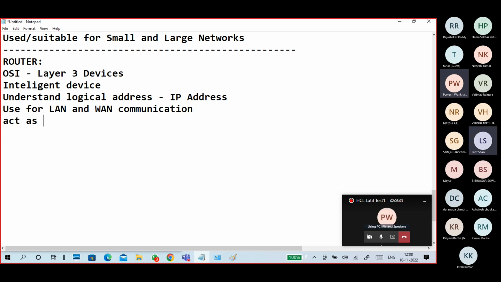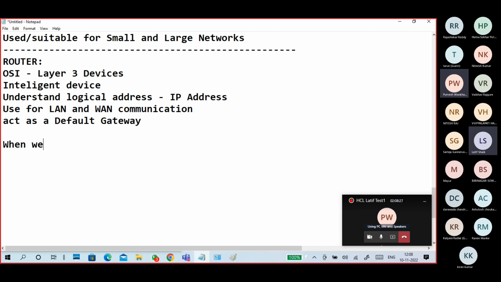It acts as a default gateway. Someone told an answer, that is a very good answer.